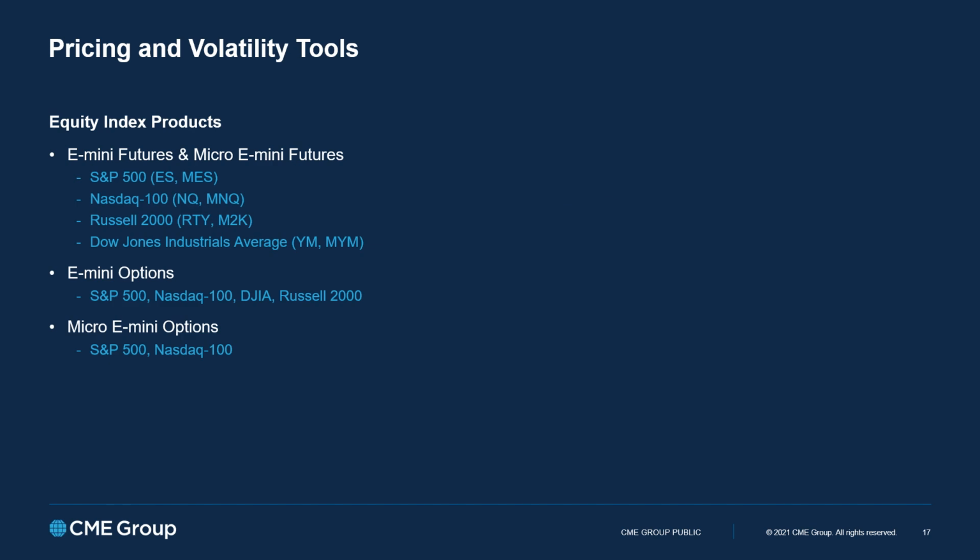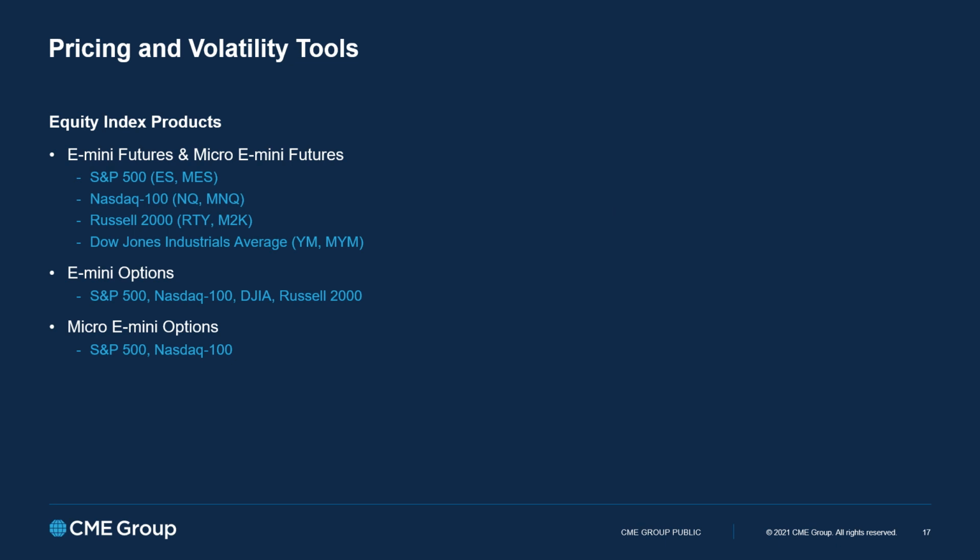And then, we just looked at a lot of different equity products in the last few slides. So I just wanted to point out the different equity index futures and options products that we list at CME. And as you can see, we list futures on the S&P 500, the NASDAQ, the Russell, the Dow.